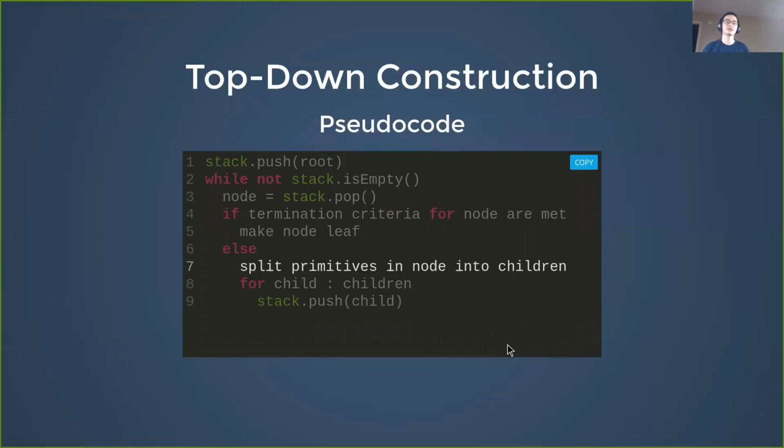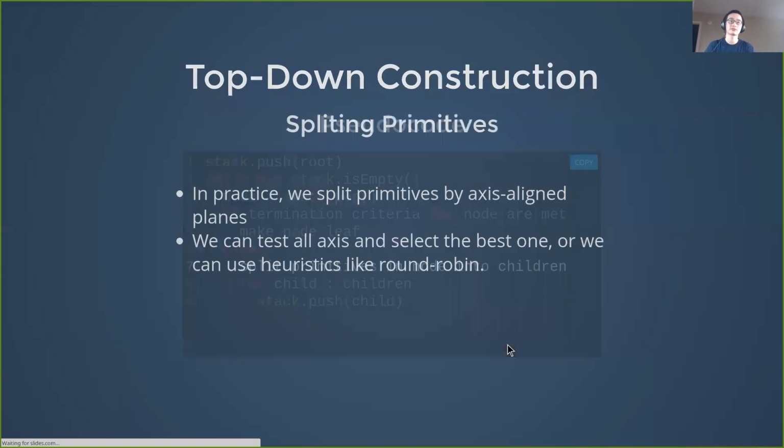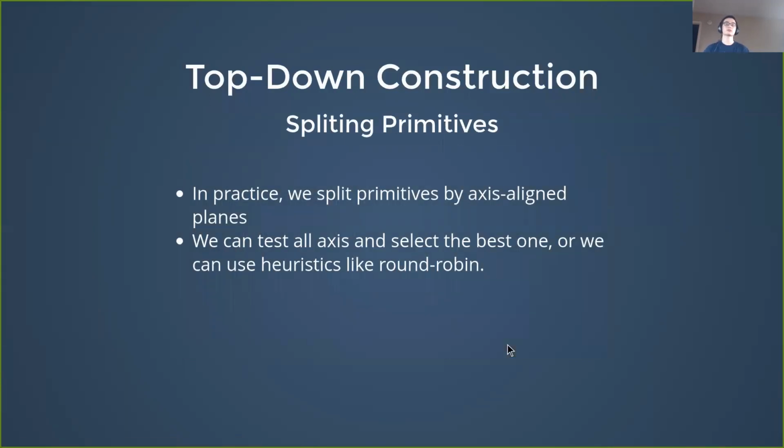This splitting of a node's primitives into children is a customization point for top-down construction, where a lot of different techniques can come in. We can split primitives by arbitrary criteria, but in practice we usually split them by axis-aligned planes because it's faster.